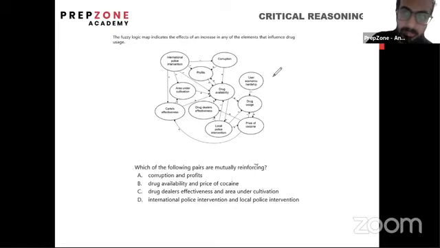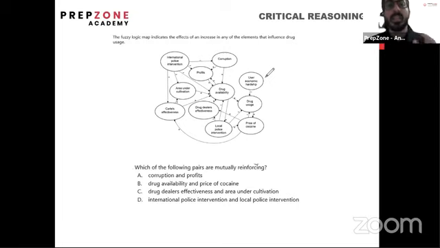Okay, let's try and see what is this complicated graph or complicated diagram that's given to you. Now, it seems a very complicated diagram, but if you look at the question, you will understand what this diagram is referring to.